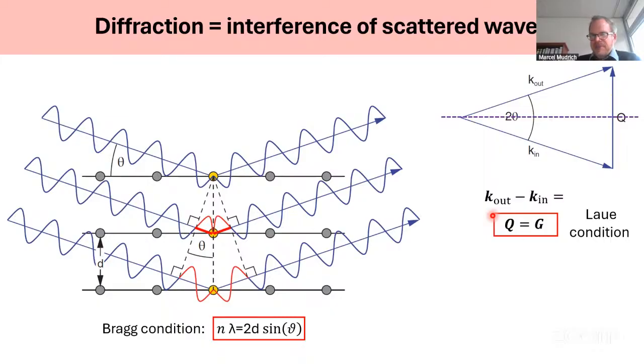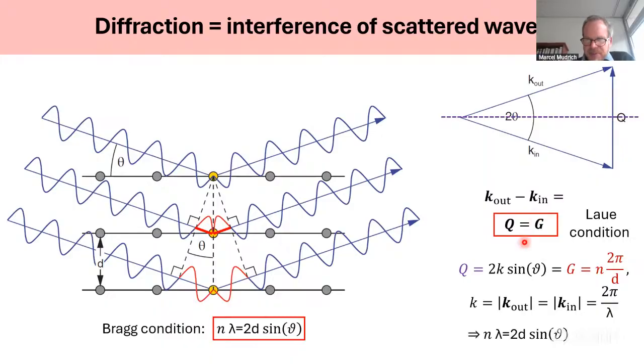And the Laue condition, those of you who hopefully remember from your solid state physics course, says that the difference vector between the wave vector of the incident beam and the scattered beam, this Q vector, has to be equal to some vector in the reciprocal lattice, in reciprocal space.